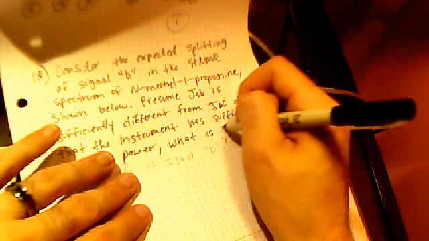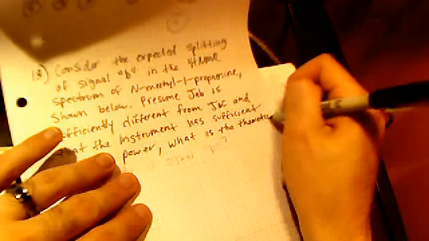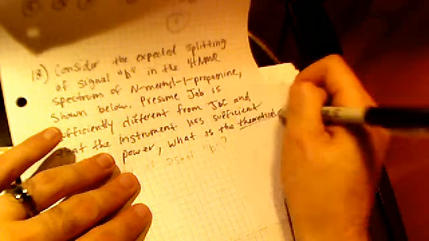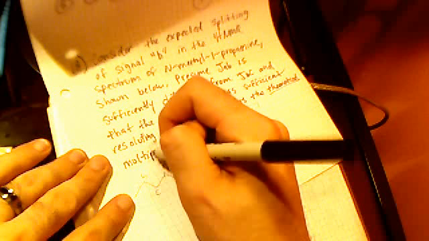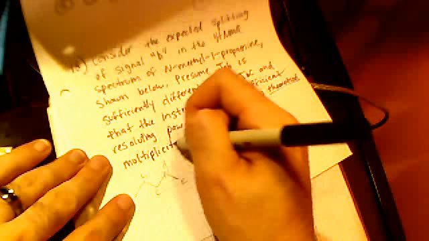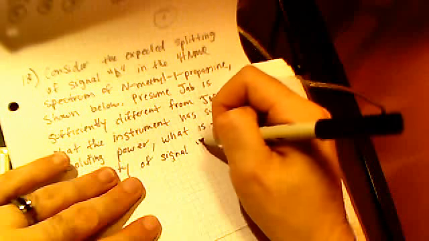What is the theoretical? Okay, that word theoretical is key. Multiplicity of signal B.